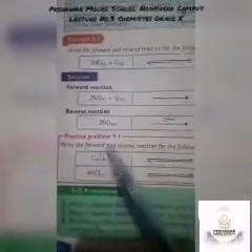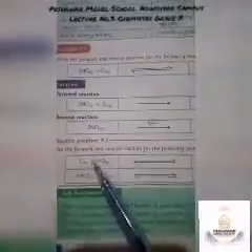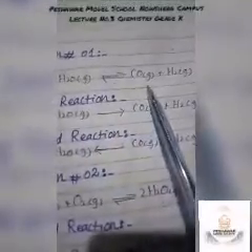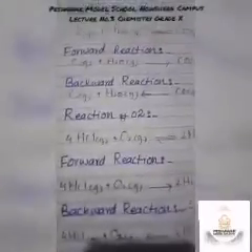Okay, now this is practice problem number 9.1. Write the forward and reverse reaction for the following reversible reactions. The first reaction is when carbon reacts with water in the vapor phase, it will give us carbon monoxide and hydrogen gas. What is the forward reaction?